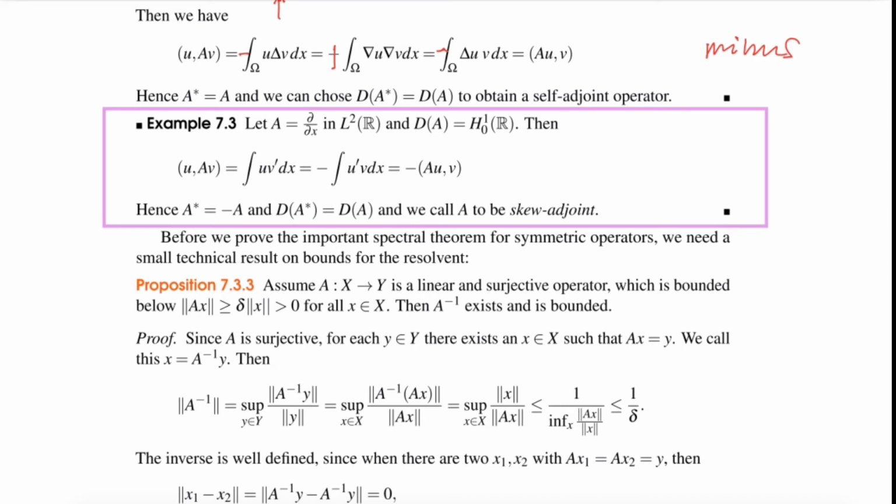So (Au, v) is the integral of u v prime dx, which is then minus the integral of u prime v dx, which is minus (u, Av). So here we actually do get a minus sign because we do integration by parts only once. So we could say A star is minus A with the same domain of definition, and this is called a skew-adjoint operator.